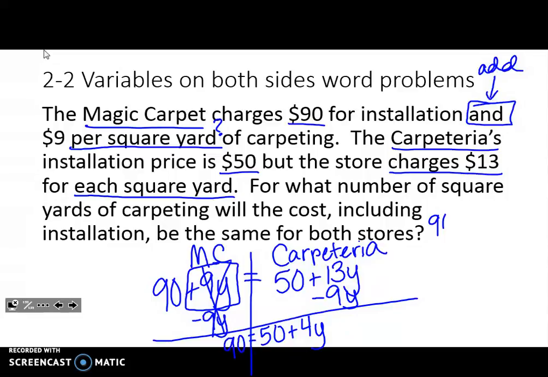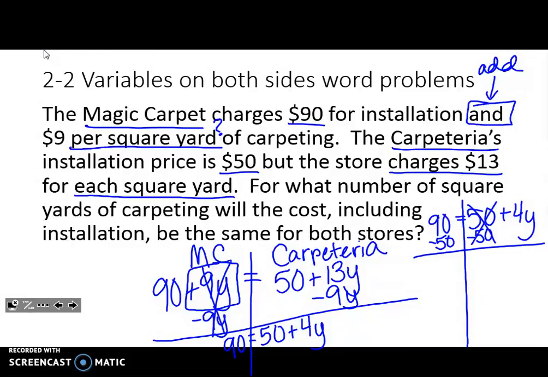I'm going to bring the math problem over here so it's easier to write. So we're going to subtract the 50. We're left with 4y equals 40. We divide that number away from y to get y equals 10.